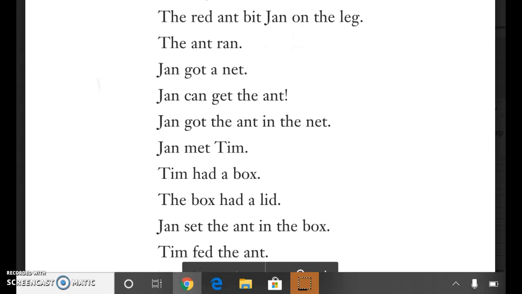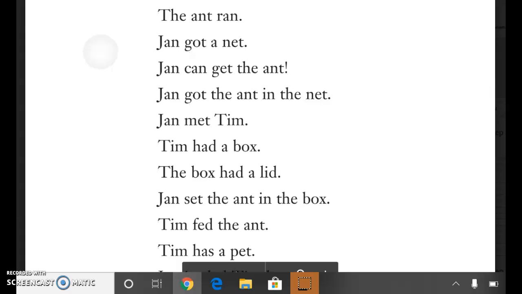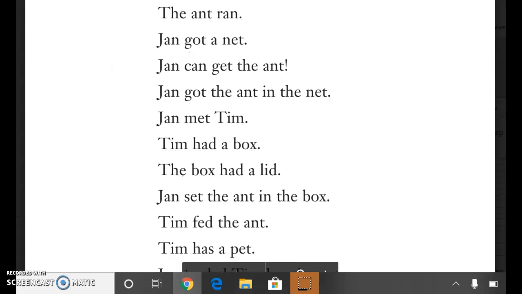Okay, so now we'll look at the next few sentences here and see what happens. So the ant ran. What just happened? The ant ran. Good job. Then what did Jan do? It says Jan got a net. Jan can get the ant.